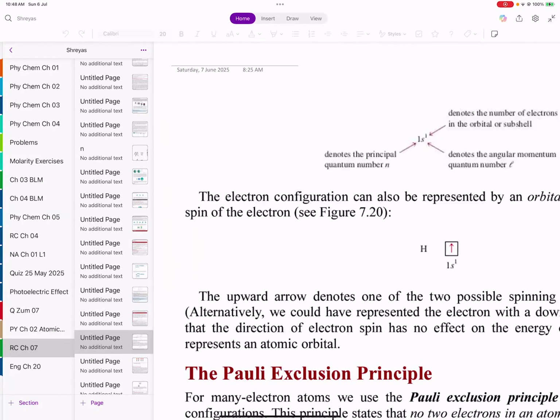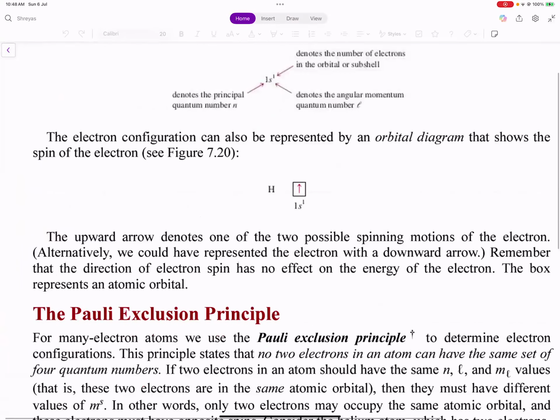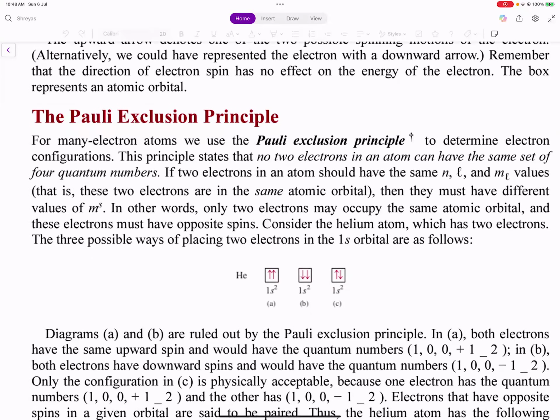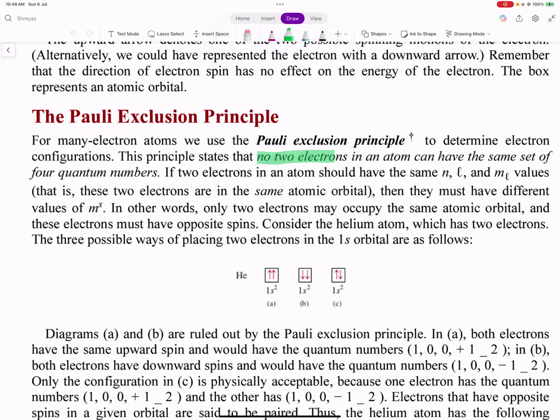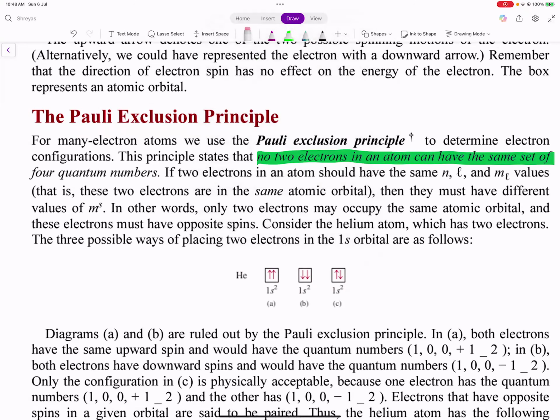Pauli's exclusion principle says that no two electrons in an atom can have the same set of four quantum numbers.